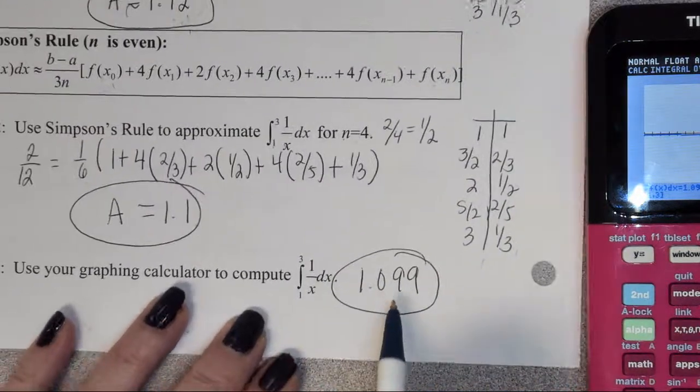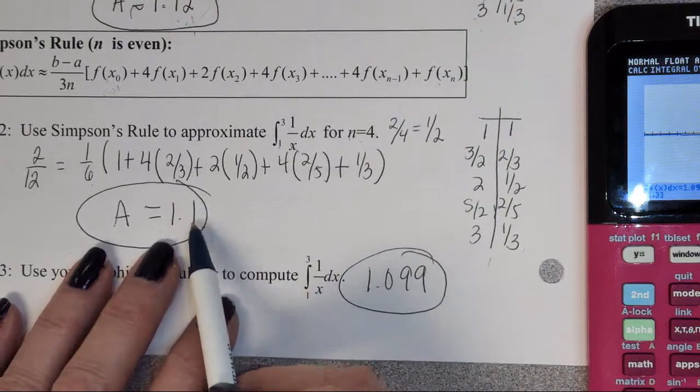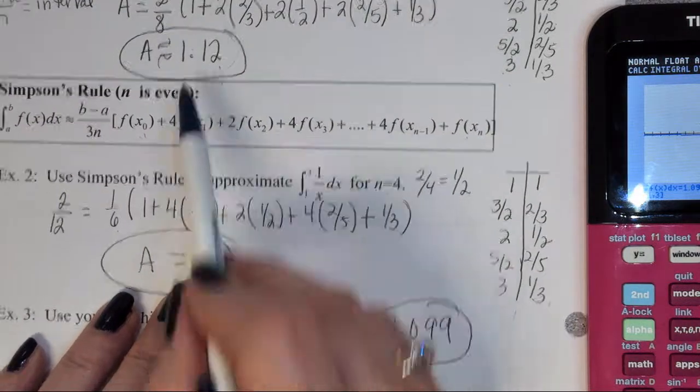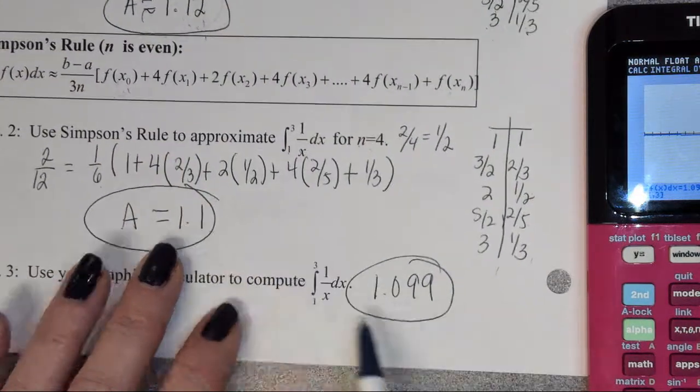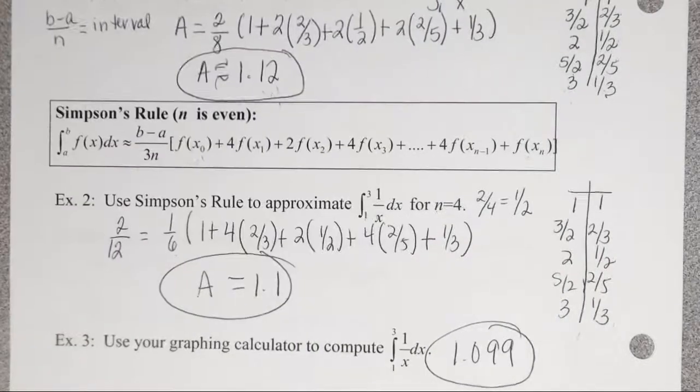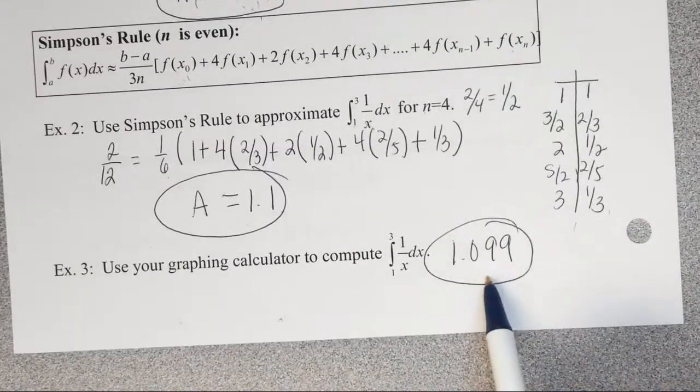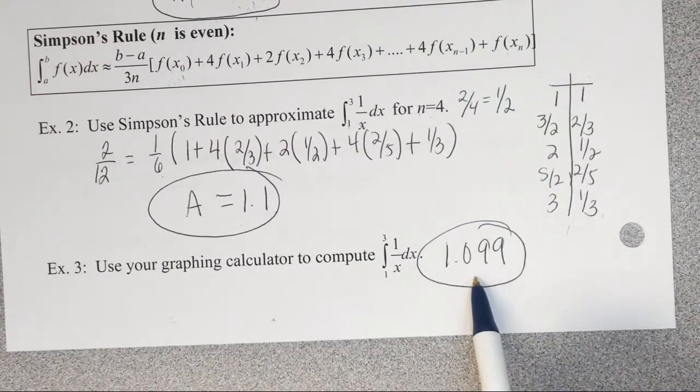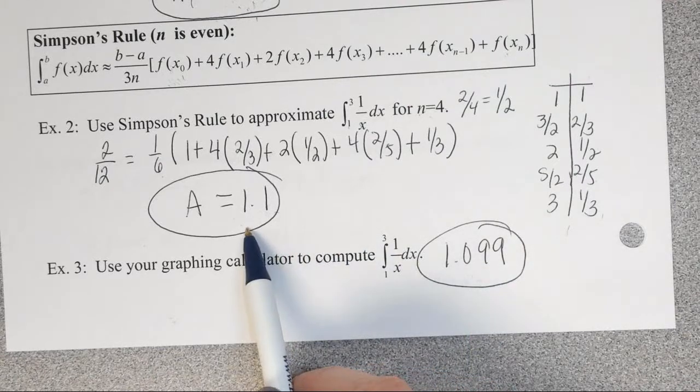That's the true area. So you can see this was a good estimate, this is a better estimate, and this is an even better estimate. But see how close they all are. And guys, here's what I always see on the quiz. People do this on their calculator, and they get this answer, and then for this answer they have something like 11.9.